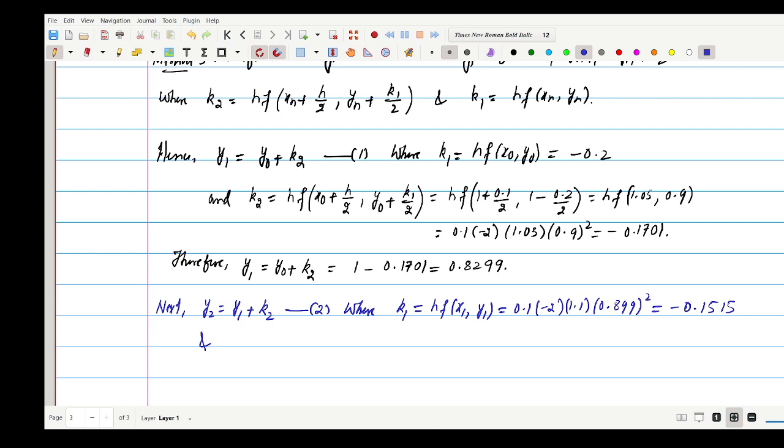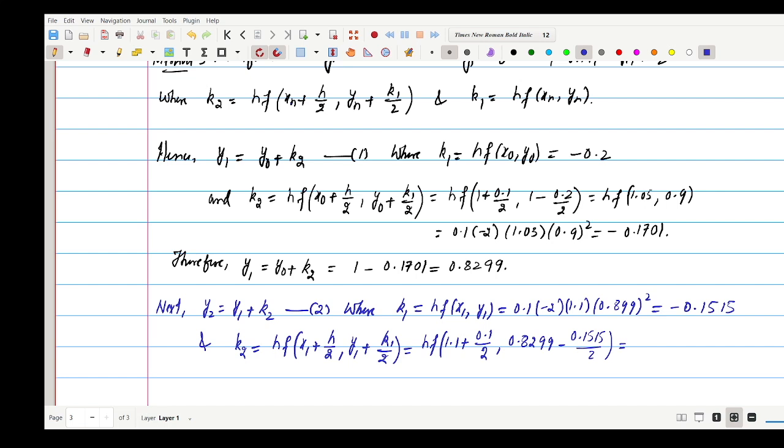Now multiplying all these numbers, we get 0.1515. And second, k2, by definition this is h f of x1 plus h by 2, y1 plus k1 by 2. So this is equal to h f of x1, which is 1.1 plus 0.1 divided by 2, and here we have 0.8299 minus 0.1515 divided by 2. This is the value for k1 by 2.